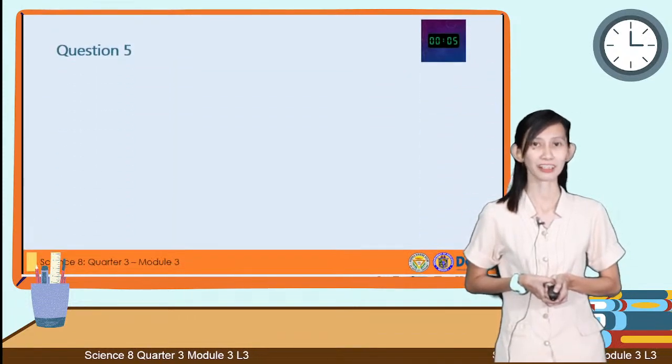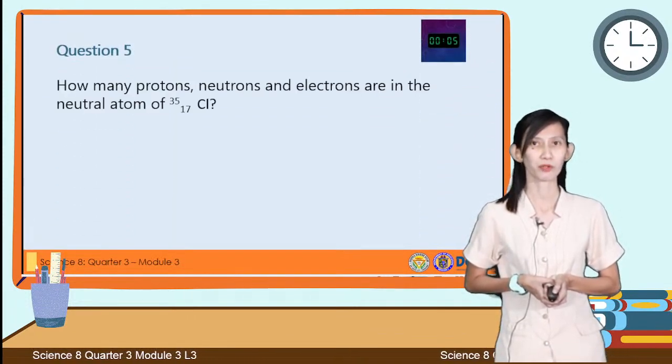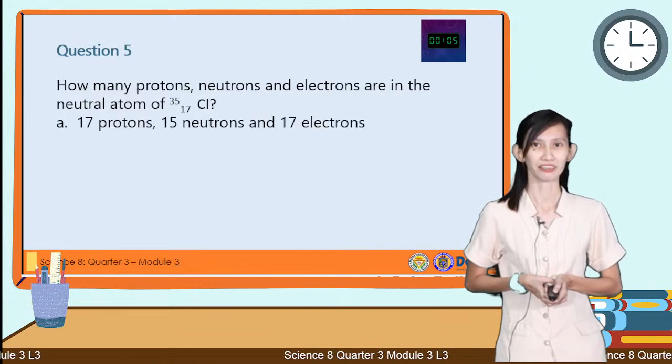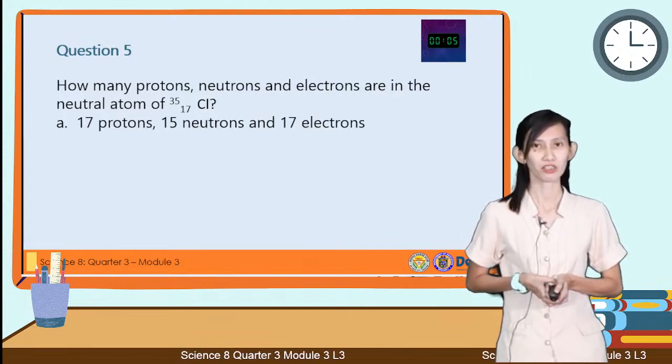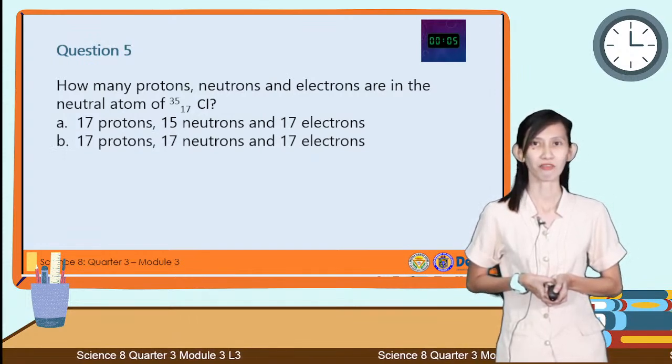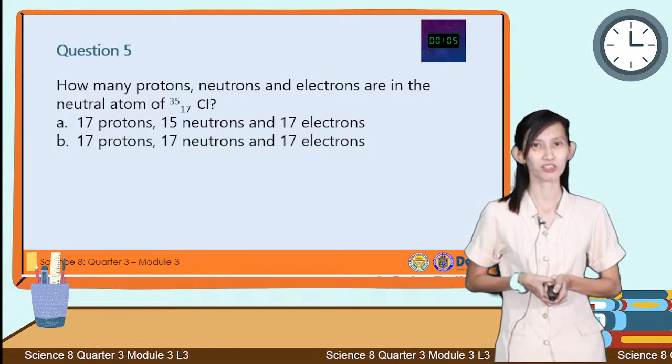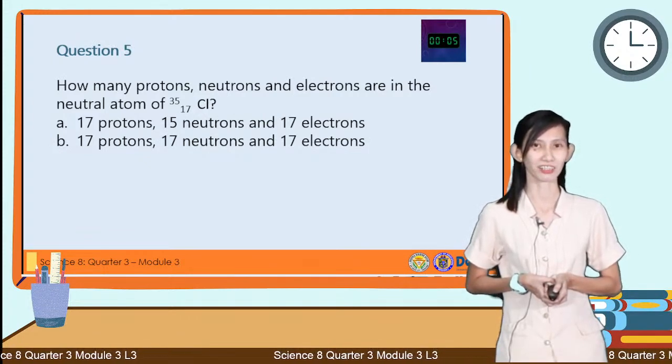And for the last question, how many protons, neutrons, and electrons are there in the neutral atom of chlorine? Letter A, 17 protons, 15 neutrons, and 17 electrons. B, 17 protons, 17 neutrons, and 17 electrons.